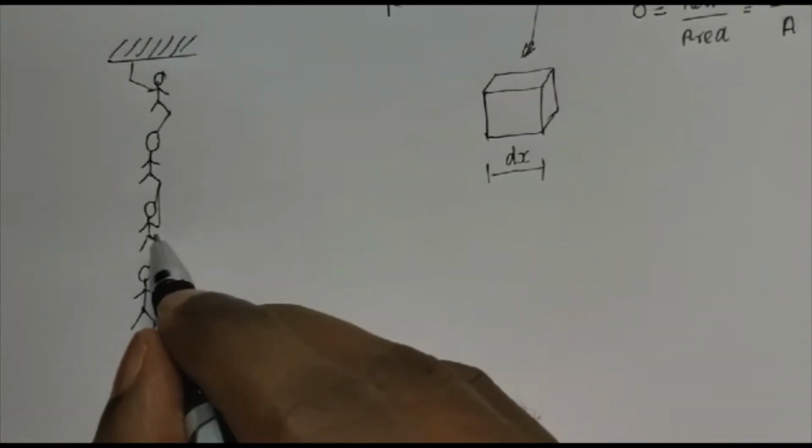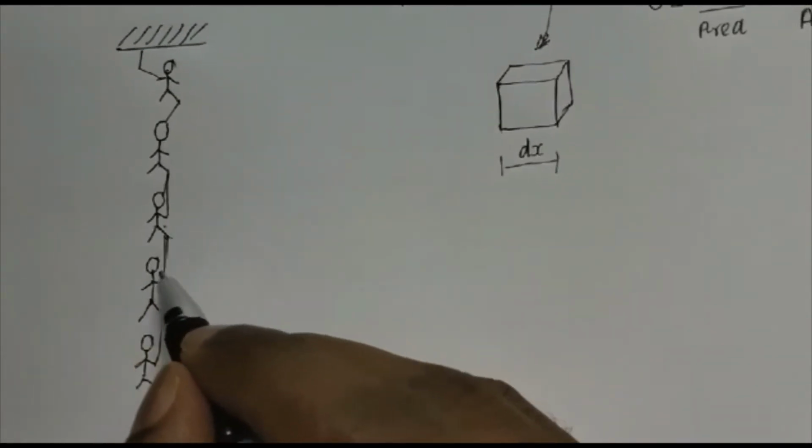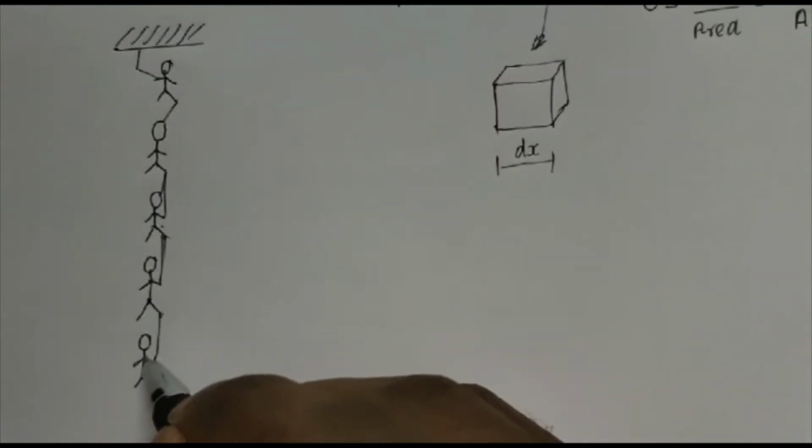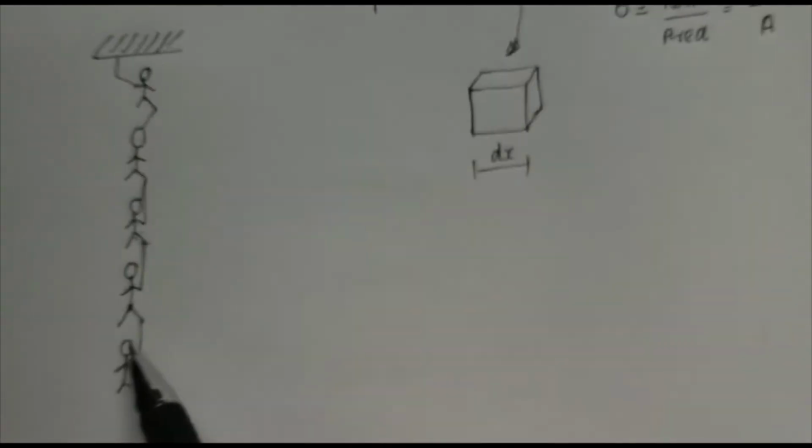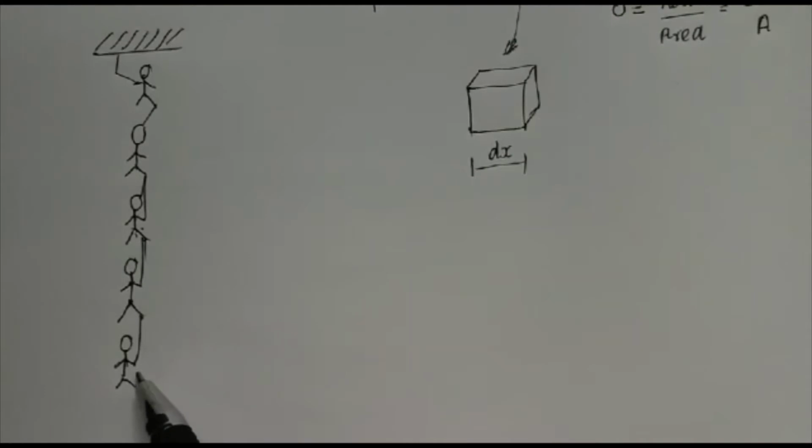And the third person should experience the weight of the two persons beneath him, including his self-weight. So on and so forth. Interesting point here is, what about the weight experienced by the last person? That person should experience only his self-weight. He should not be experiencing the weight of the four persons above him.